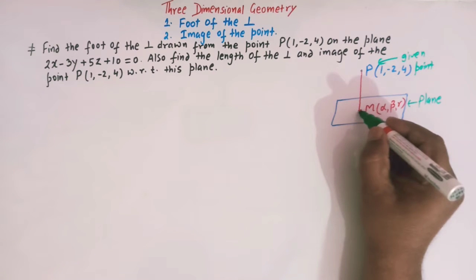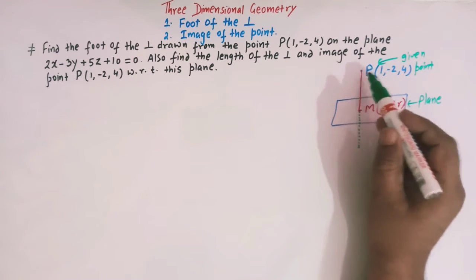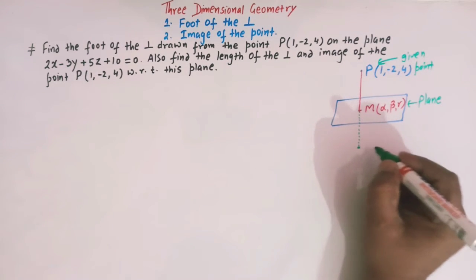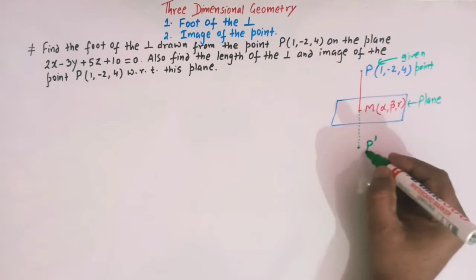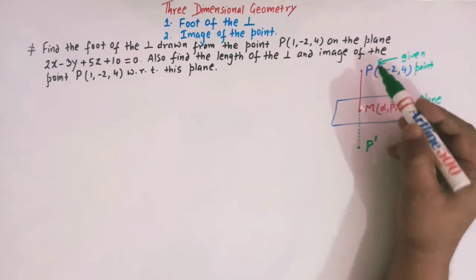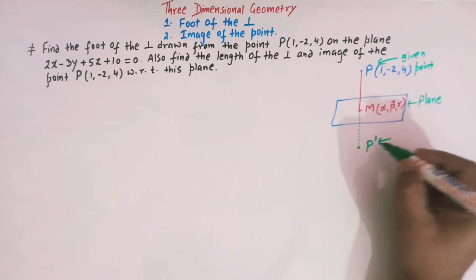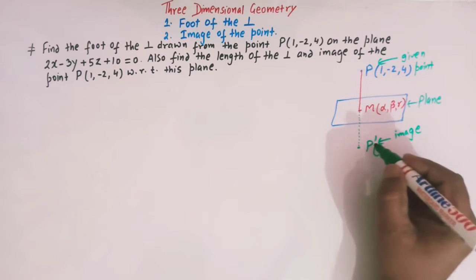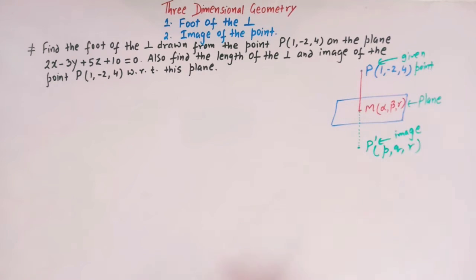So the image of this point P comes out to be here, and let us take this point as P dash, or P prime. So P prime is the image of this point P, and let us assume the coordinates of this point P prime as p, q, r.